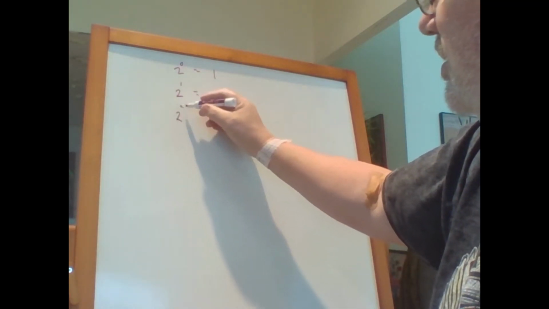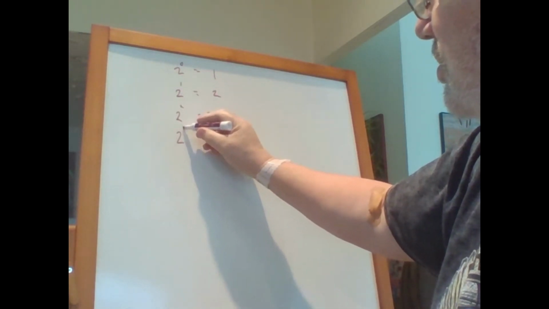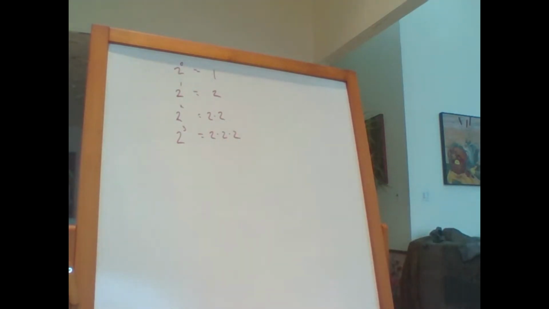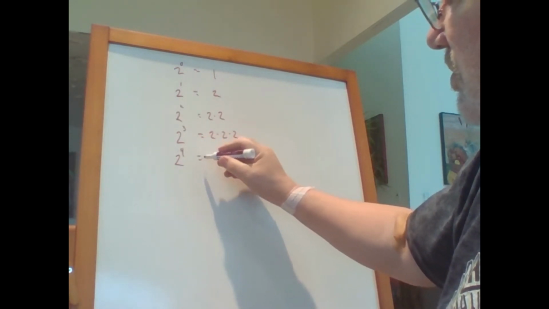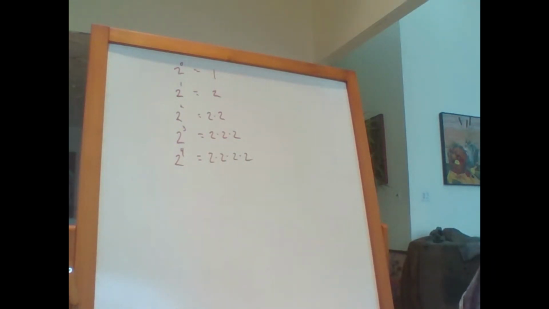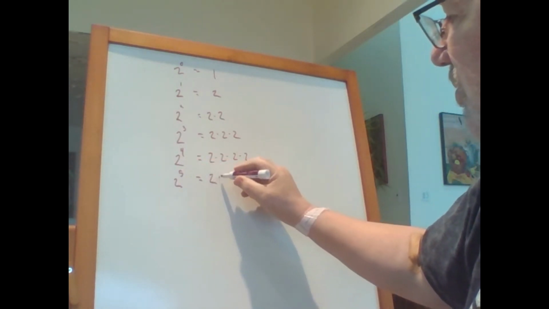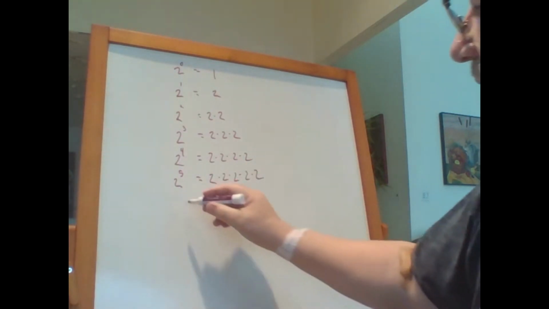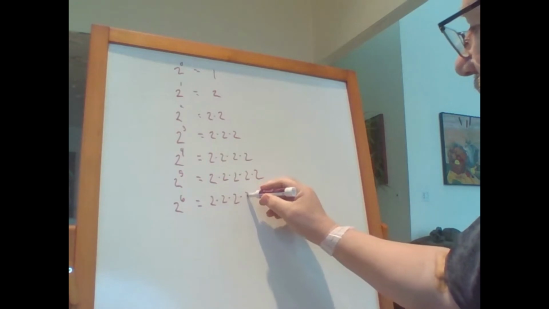2 squared is 2 times 2. 2 to the 3rd is equal to 2 times 2 times 2. 2 to the 4th is equal to 2 times 2 times 2 times 2. 2 to the 5th is 5 2's multiplied by each other, and so on. 2 to the 6th equals 6 2's multiplied by each other.